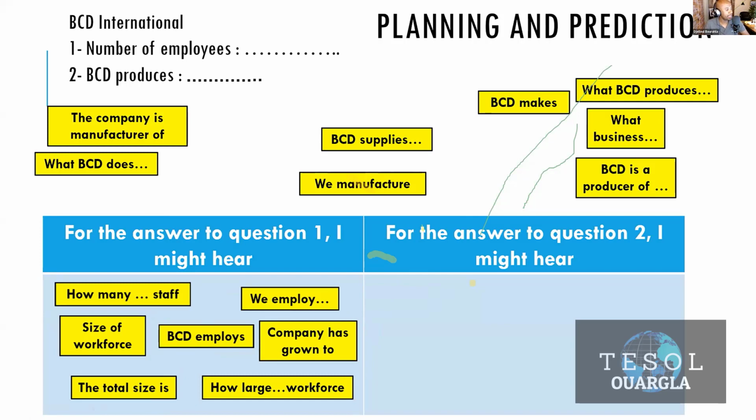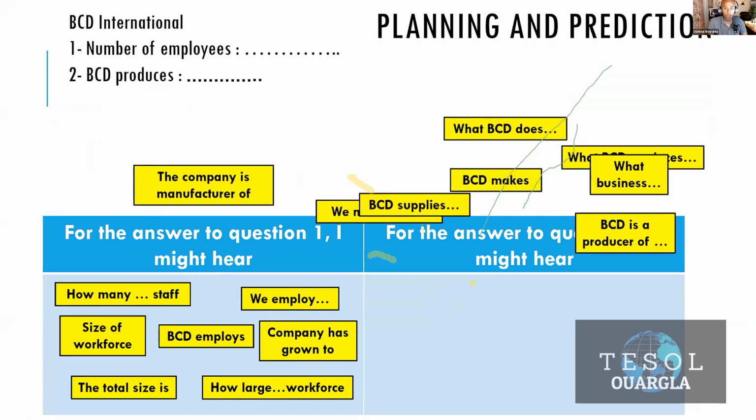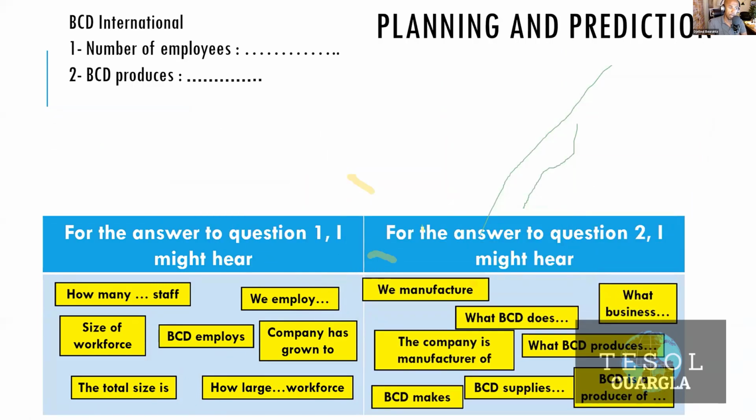So how many, size of workforce, the total, and the others are going to tell you about what BCD does. That is something like we manufacture, the company is a manufacturer of, BCD makes, BCD supplies, all of those different things. What business, what BCD produces is, that would announce what they are looking for.